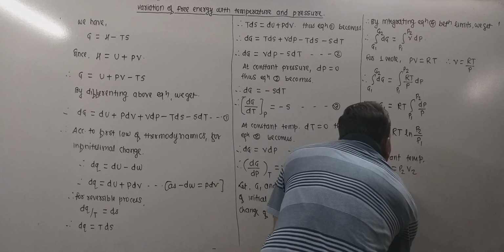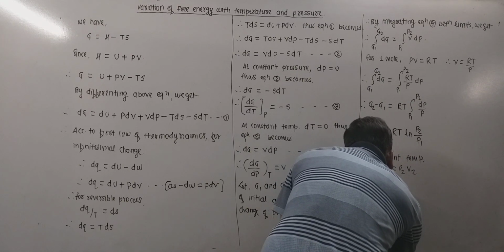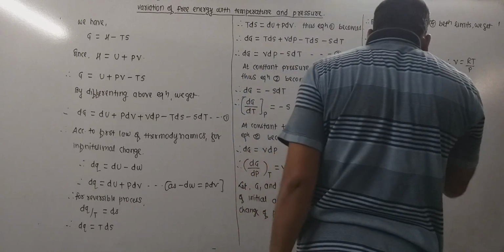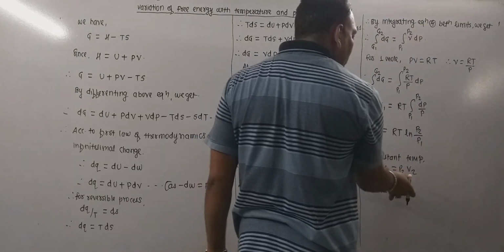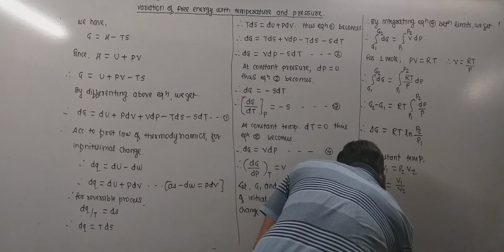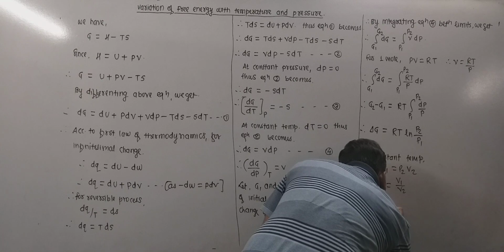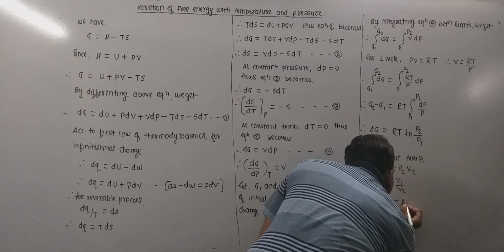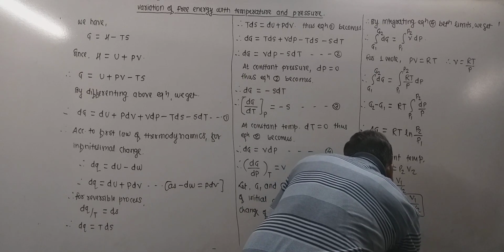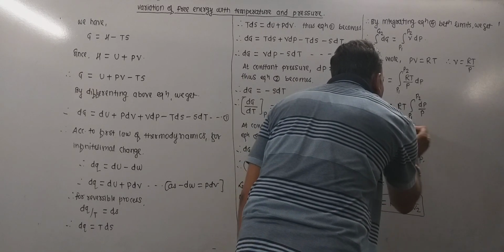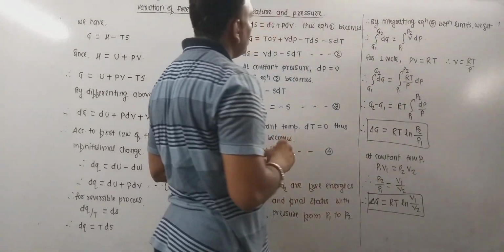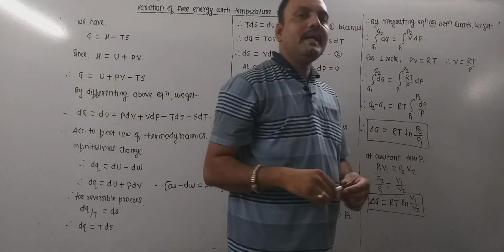Thus P2 by P1 is equal to V1 by V2. So this is another thing to be noted. Thus instead of P2 by P1 one can put V1 by V2 easily. Hence this can also be given as delta G is equal to RT ln V1 by V2. So this is the variation of free energy with temperature and pressure.